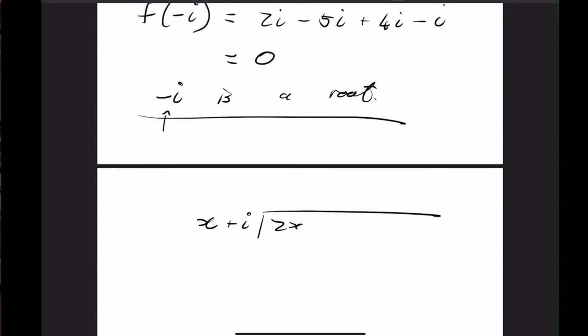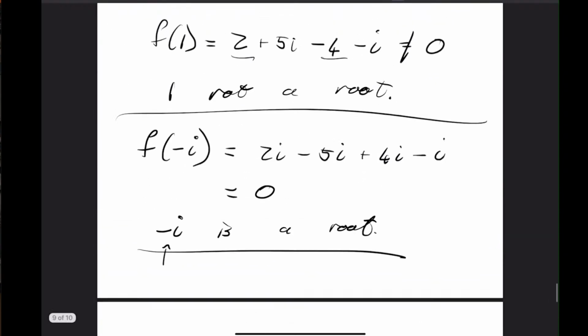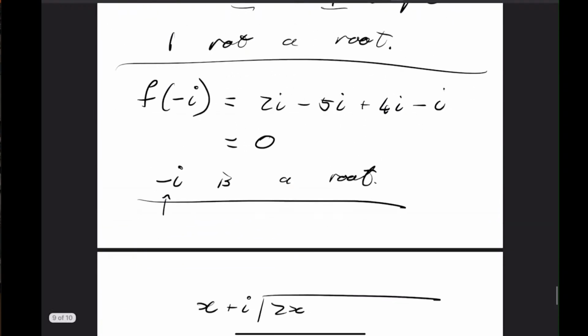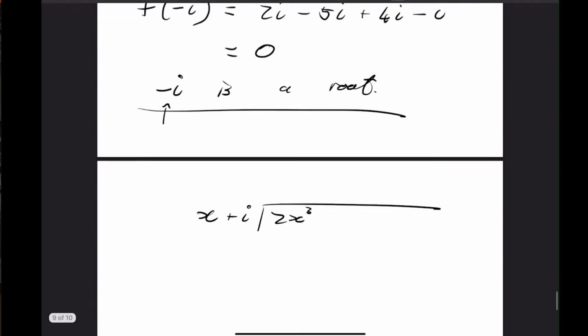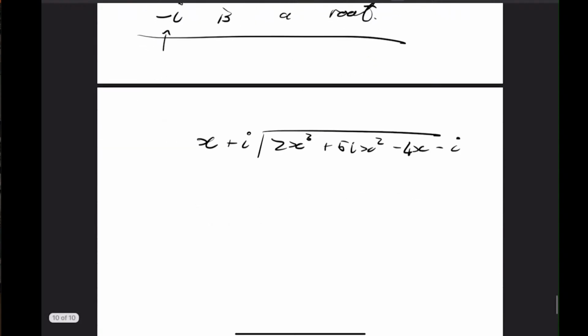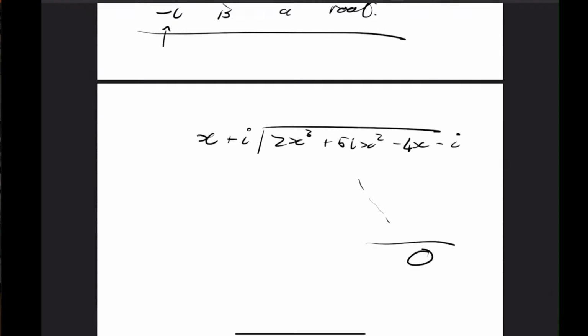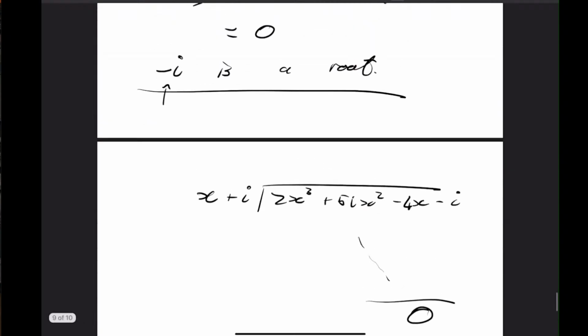So what is our polynomial? 2x cubed plus 5i x squared minus 4x minus i. And we do our long division. We should get a 0 remainder because x plus i must be a factor.